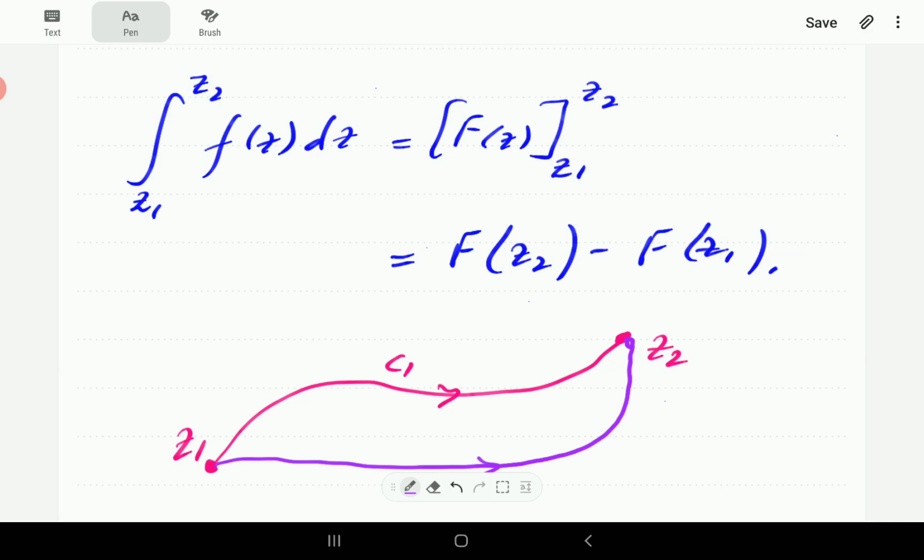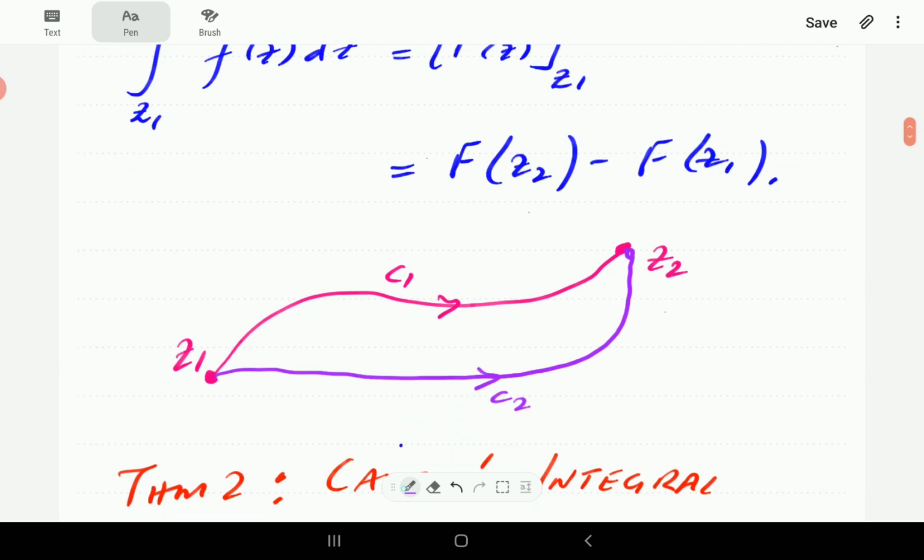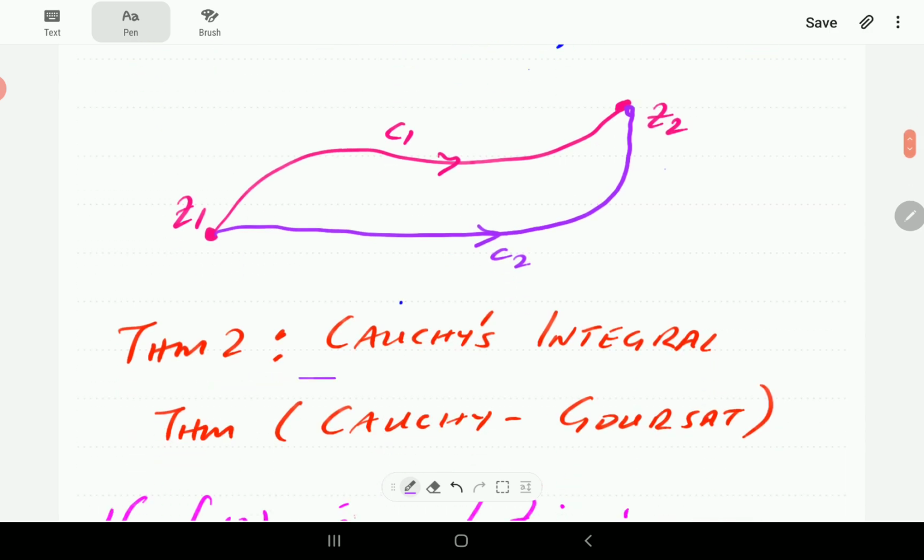And the other thing is that it suggests that if we integrate this function along this one and then come back along this, then we should get 0, because the integral from Z1 to Z2 is going to be the negative of the integral from Z2 to Z1. And this is exactly what the next theorem is all about, which is Cauchy's integral theorem.